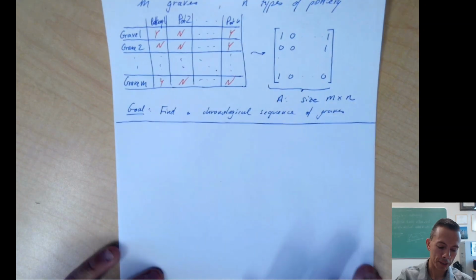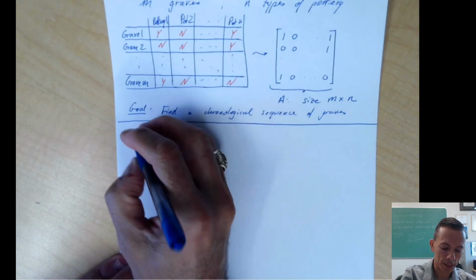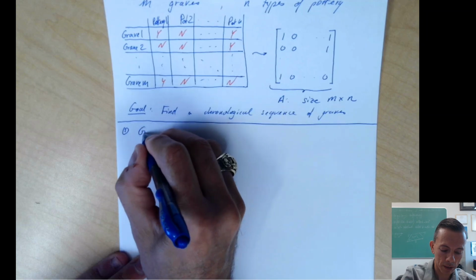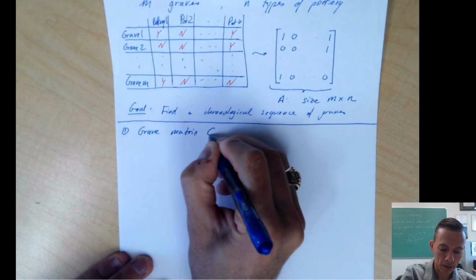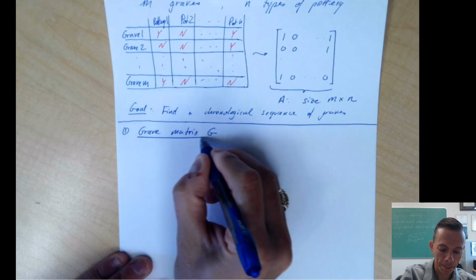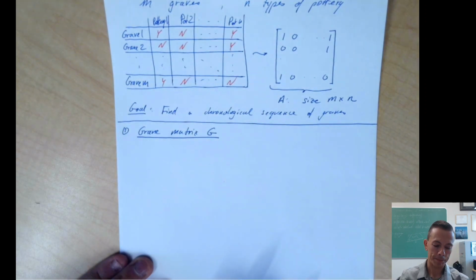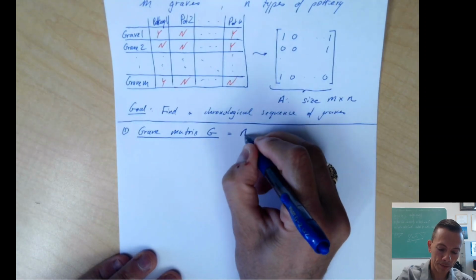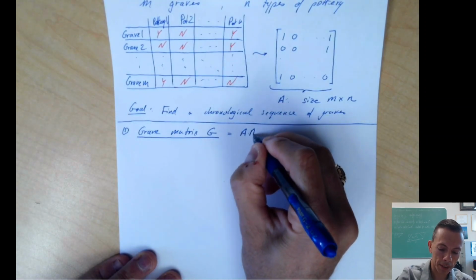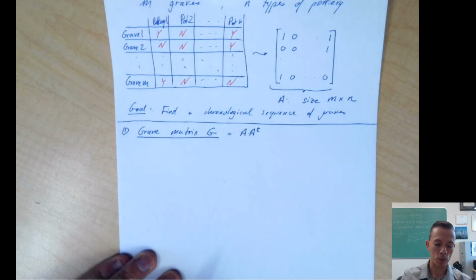So first of all, let's look at the grave matrix, capital G. The grave matrix G is defined as being A times A transpose.